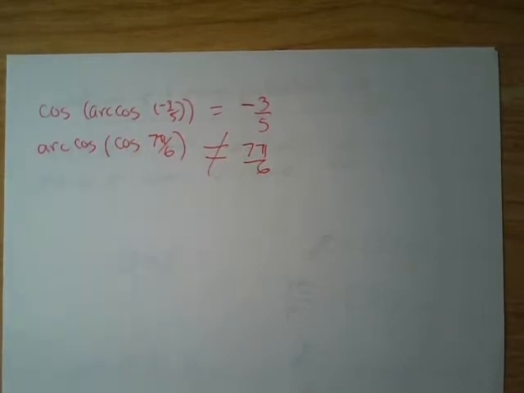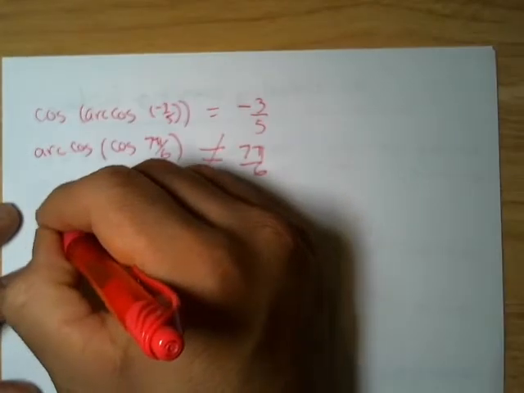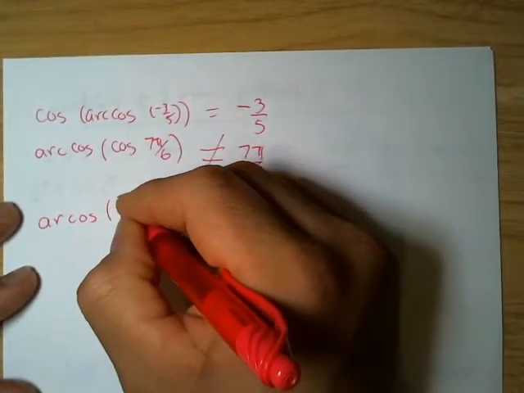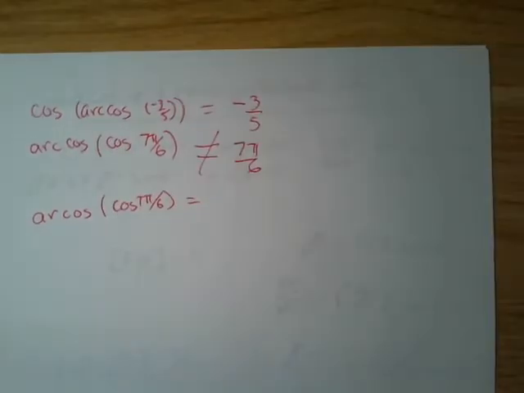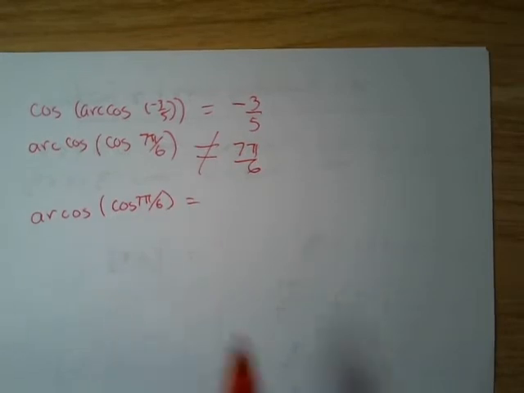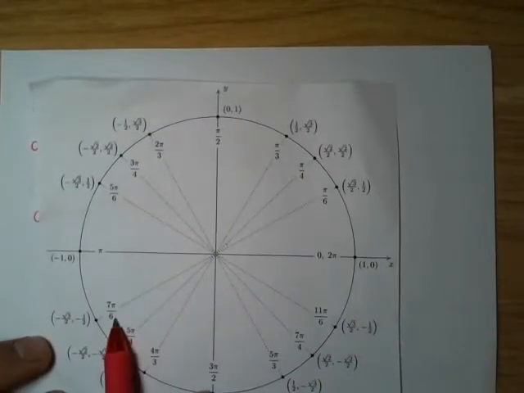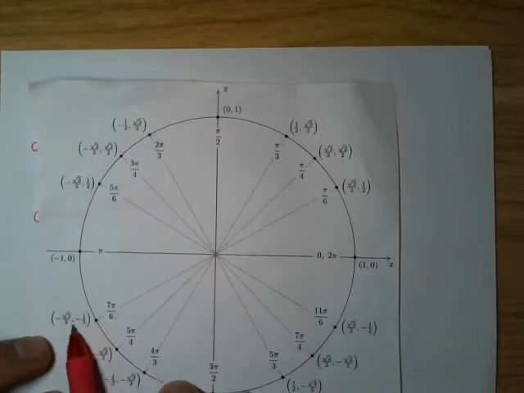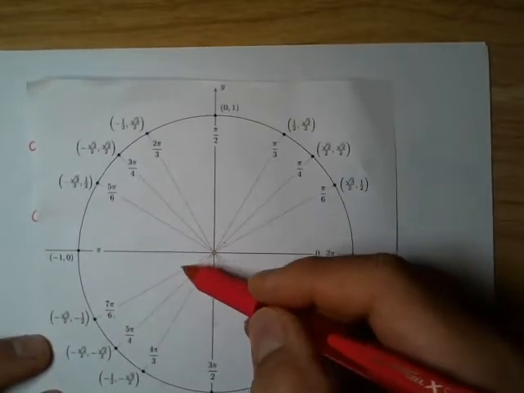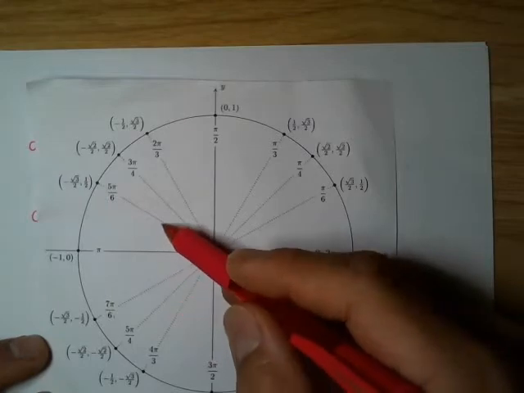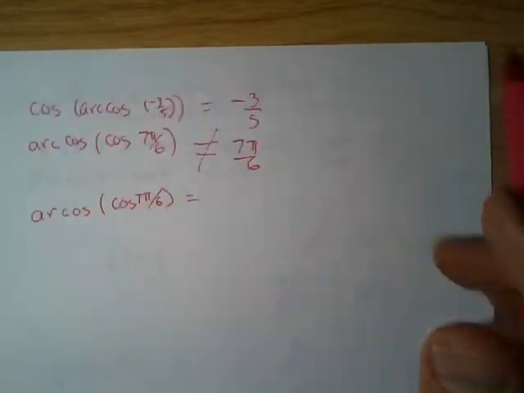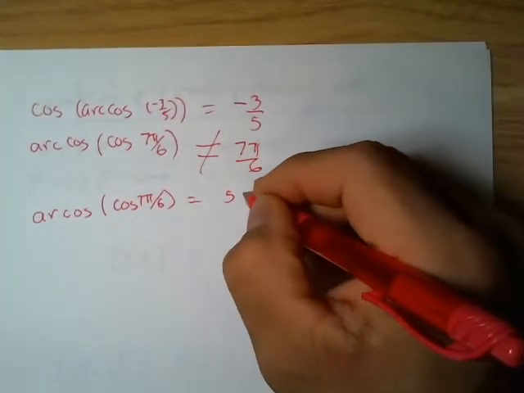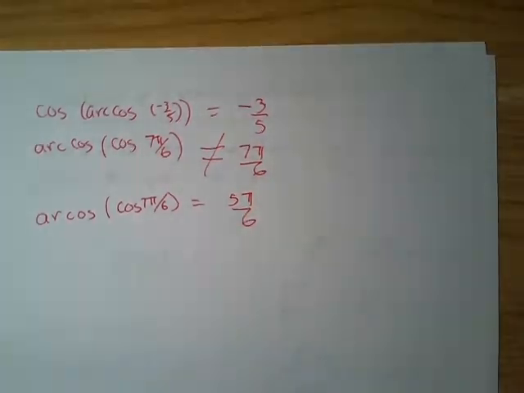So instead, the way we want to evaluate this is, we know 7pi/6, again, my trusty unit circle here, is out here, so the value of the cosine is negative. Reference angle of pi/6. So the corresponding one between 0 and pi would be the angle 5pi/6. And now I'm within the range of the inverse. So this one is in fact equal to 5pi/6.